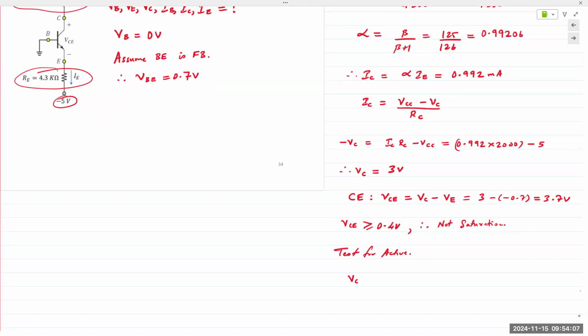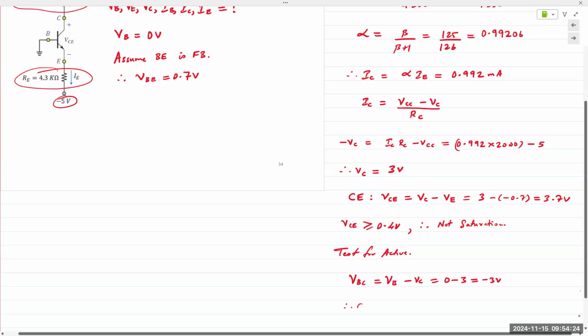VBC is 0 minus 3 volts, hence reverse bias. Therefore, active mode.